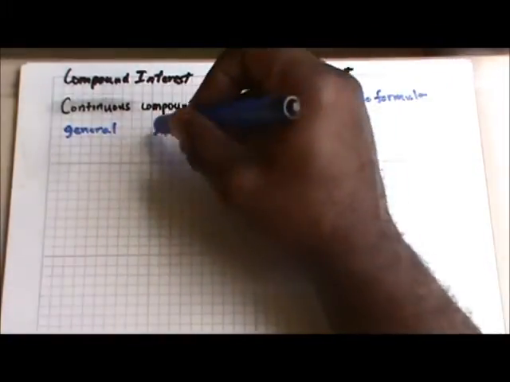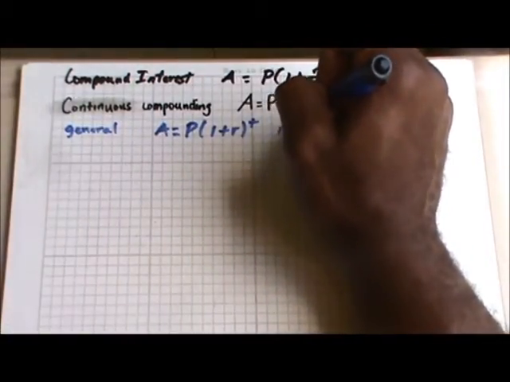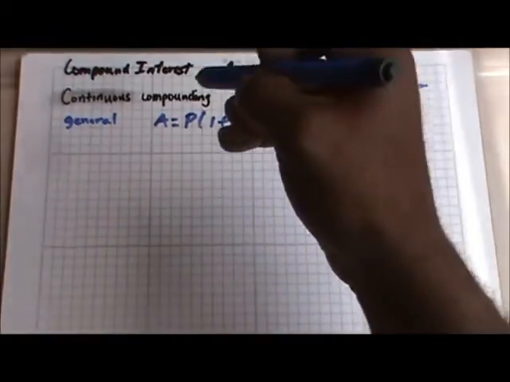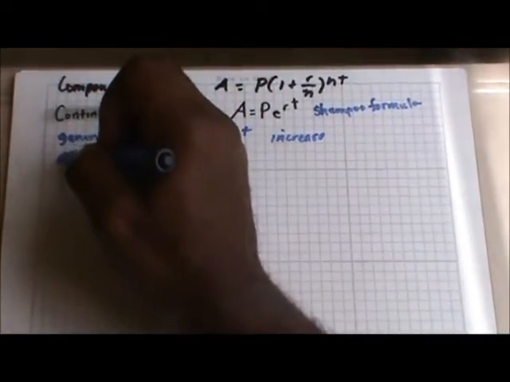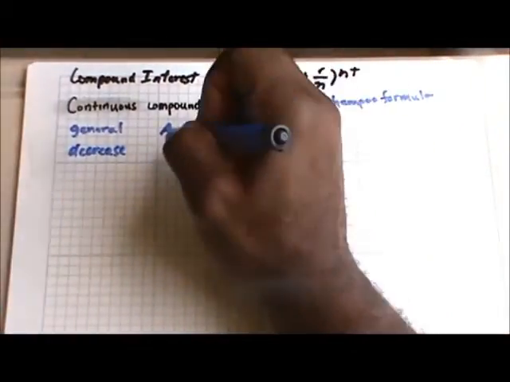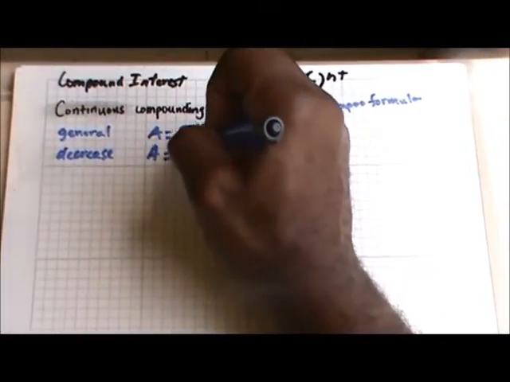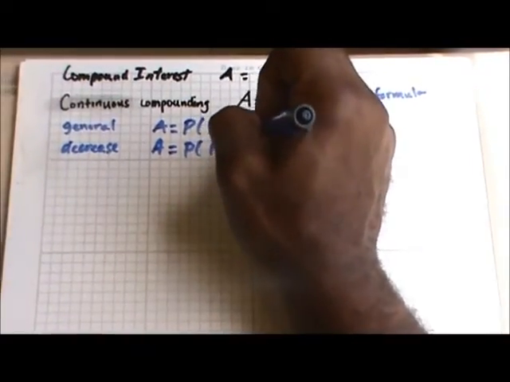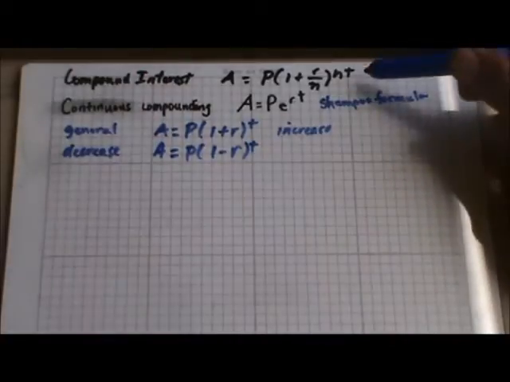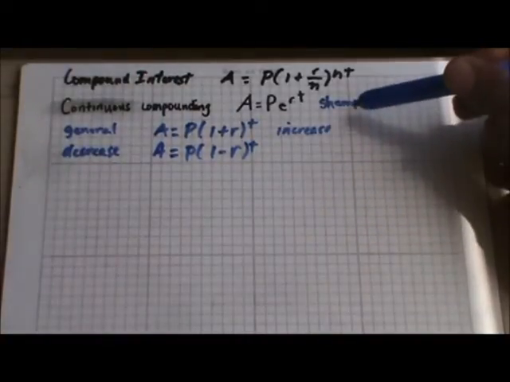That's that general increase formula. If it's the decrease formula, the plus becomes a minus. Basically, those are all the equations we need.